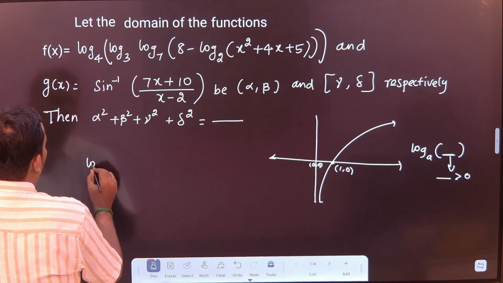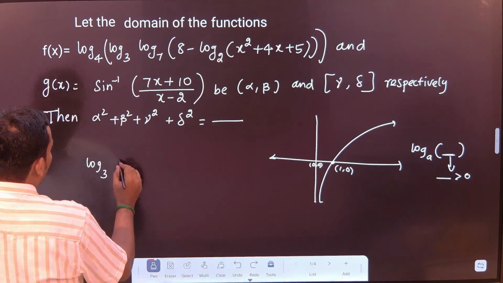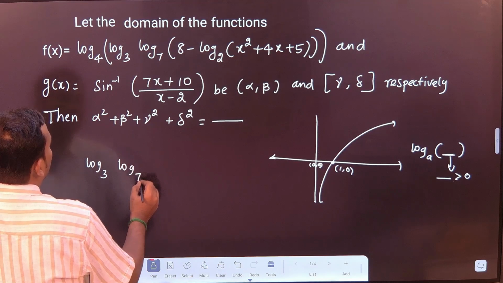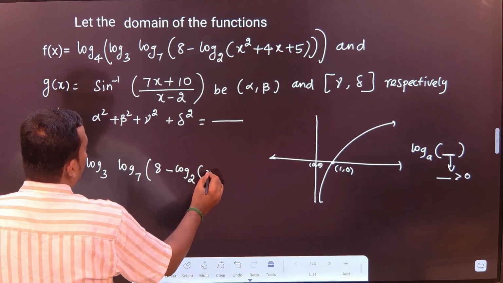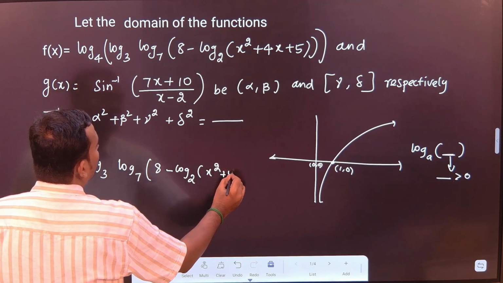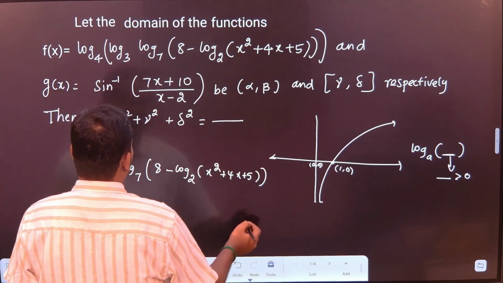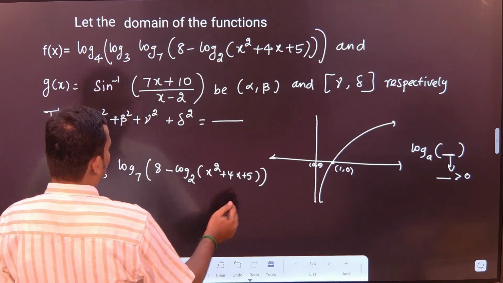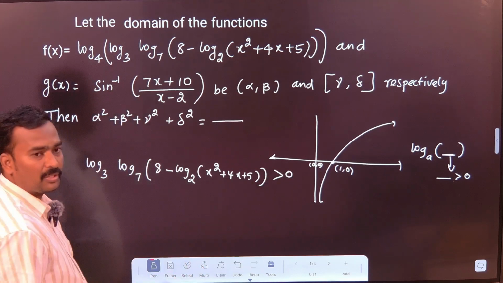So what is that? Log base 3, log base 7, 8 minus log base 2, x square plus 4x plus 5 is, you can see, this is closed. Yes, that should be strictly greater than 0.